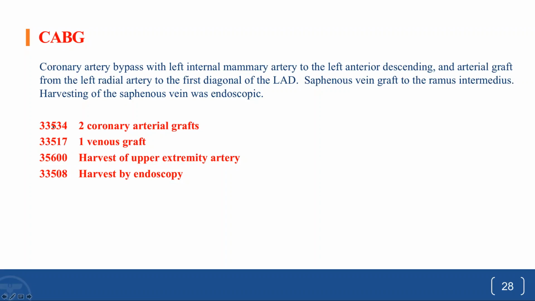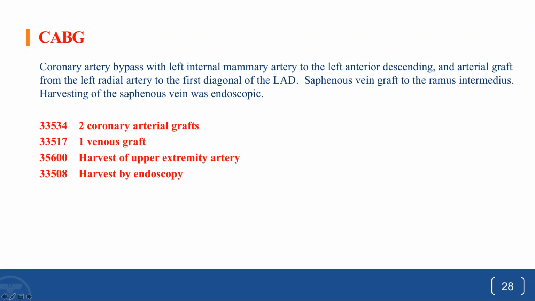So this patient came in to have a coronary artery bypass with left internal mammary, that's just the artery they're using, to the left anterior descending. So you can see here they have an arterial graft, and then a venous graft, and they also did it from the saphenous vein.